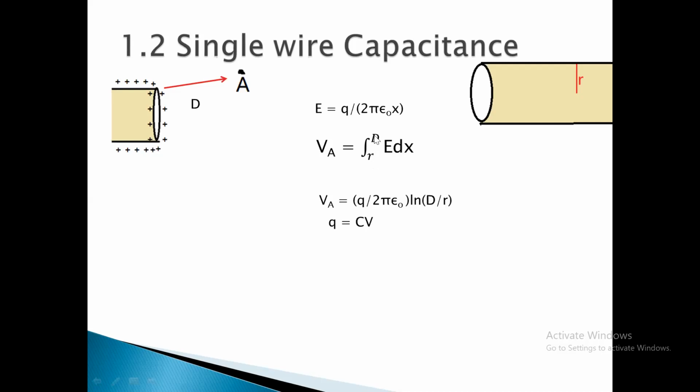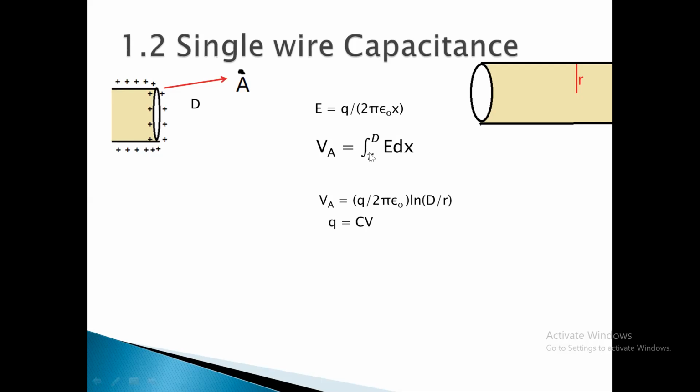So after integrating, after putting the value of VA, I will put the value Q divided by 2 pi epsilon naught into X here, and the integration will be applied only on the variable X, because this is the distance.